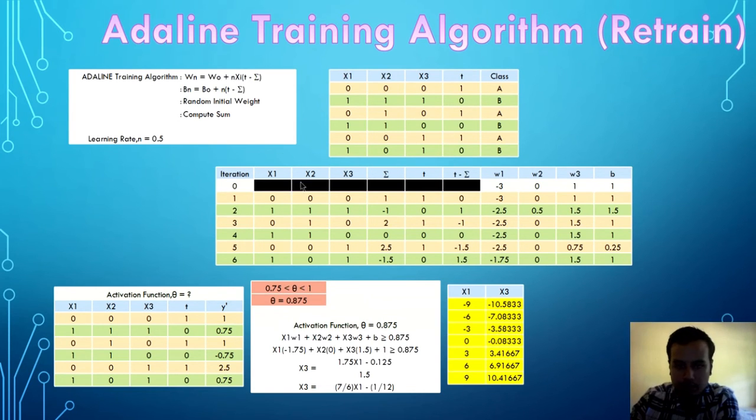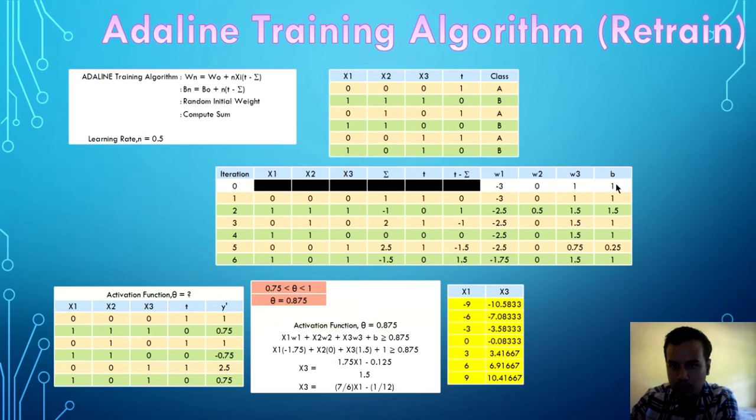After that, we calculate the sum. So the sum is 0 plus 0 plus 0 plus 1 equal 1. So T minus sum, 1 minus 1 equals 0. For the 0 value here, we just follow the value before it.